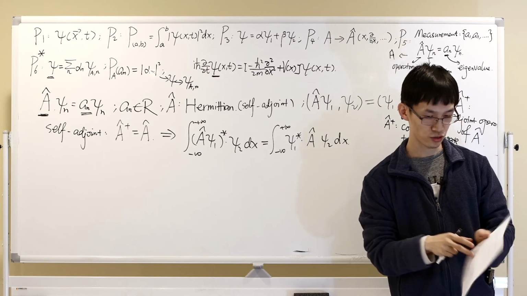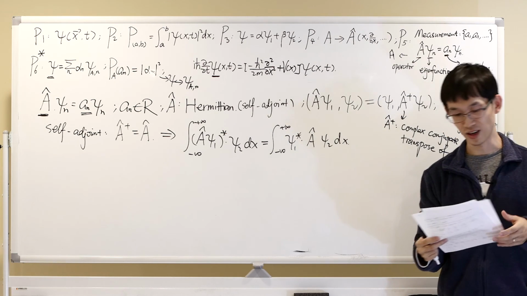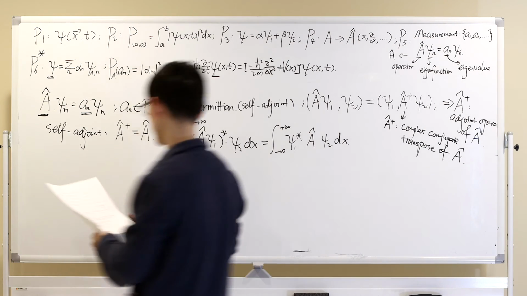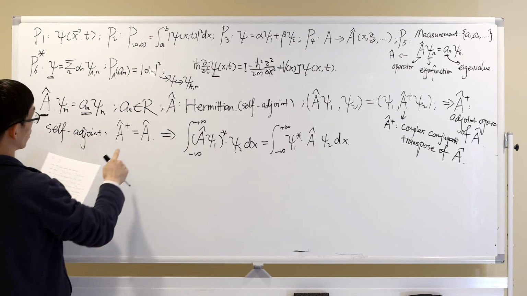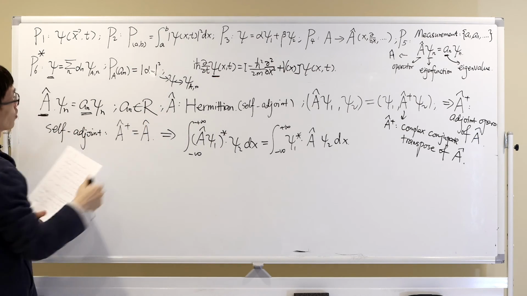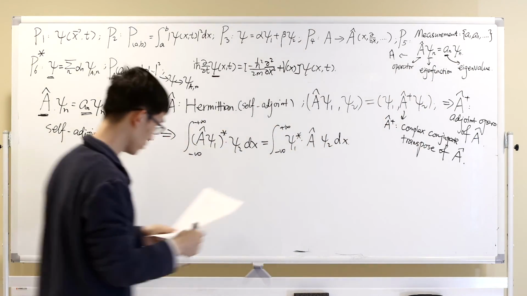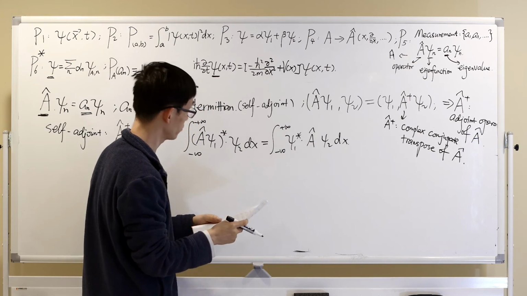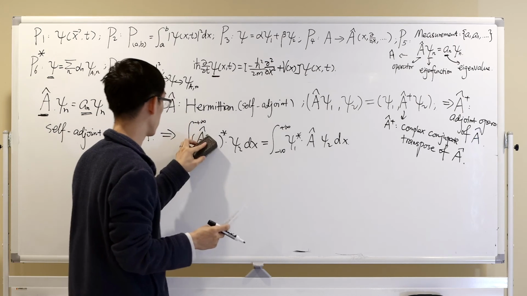It's interesting that when you ask a mathematician why you define things this way, they usually don't answer your question, they just say, this is the definition. Now let's see how we can use this to show that all the eigenvalues are real numbers. One thing you can do is replace ψ1, because ψ1 can be any wave function.